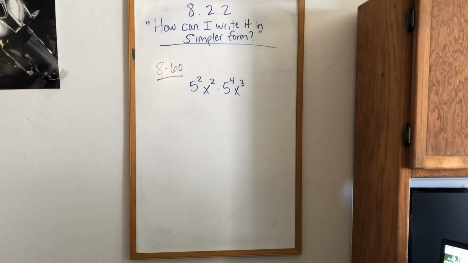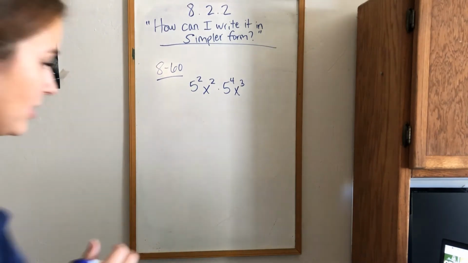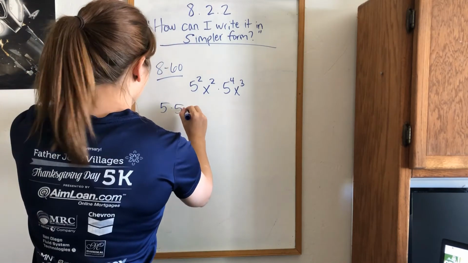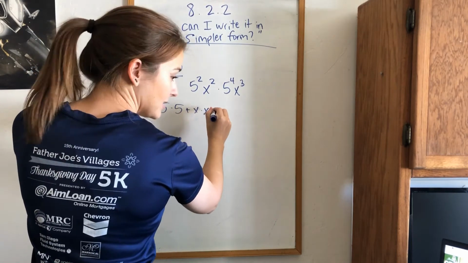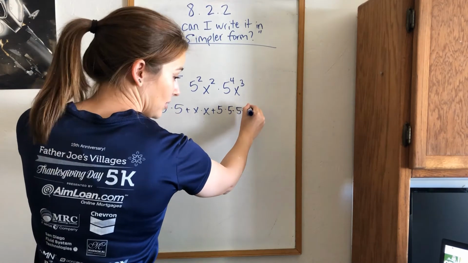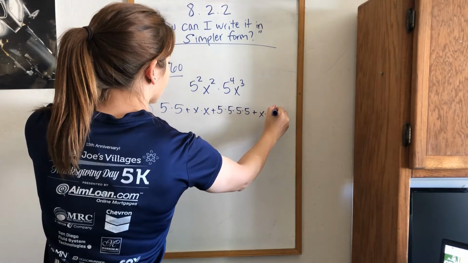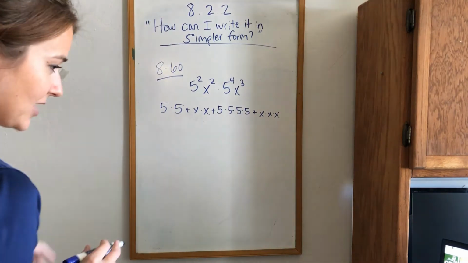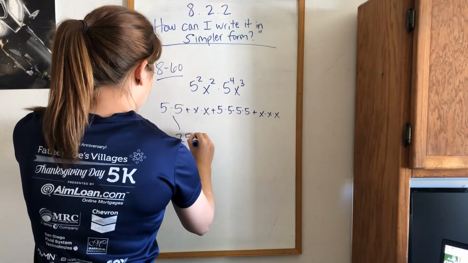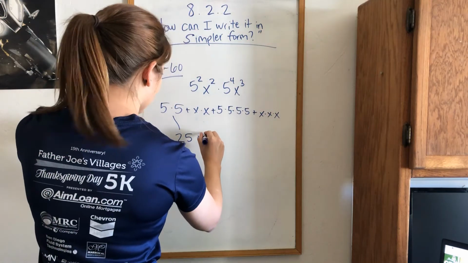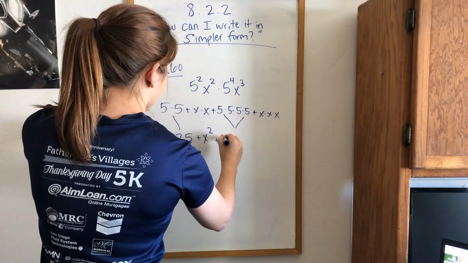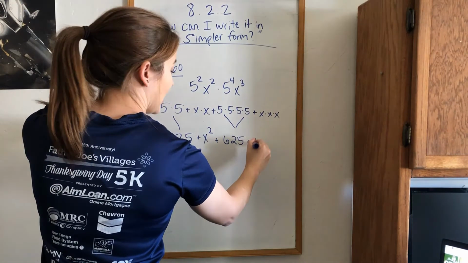She started by expanding the expression like this, and then it shows 5 times 5 plus x times x plus 5 times 5 times 5 times 5 plus x times x times x. And then she wrote 25, because she simplified that to 25, plus x squared plus, this whole thing is 625, plus x to the third.